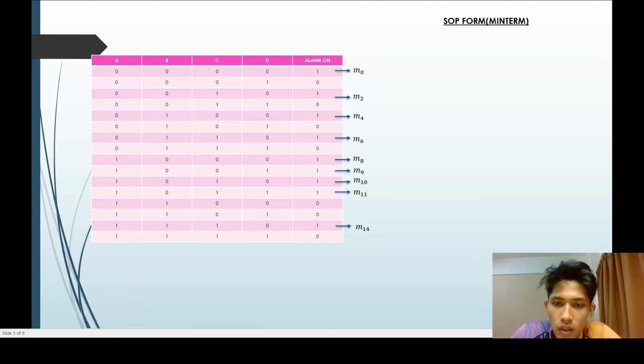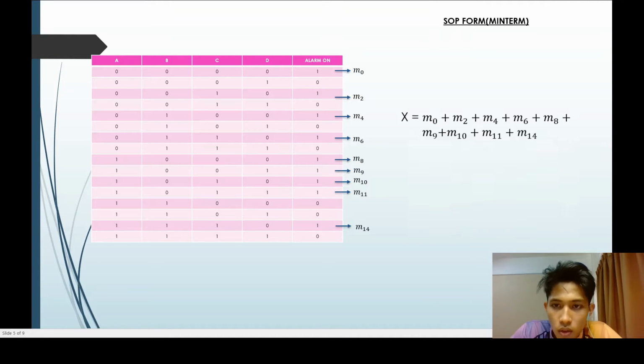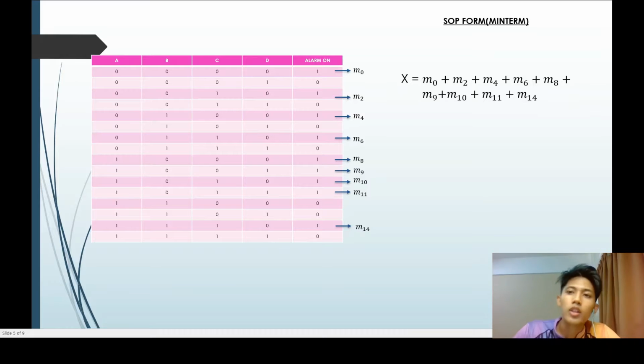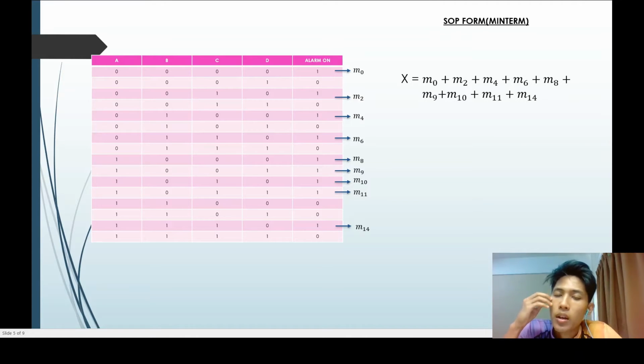So these are the terms for the SOP form. So the SOP form will be M0 plus M2 plus M4 plus M6 plus M8 plus M9 plus M10 plus M11 and M14.